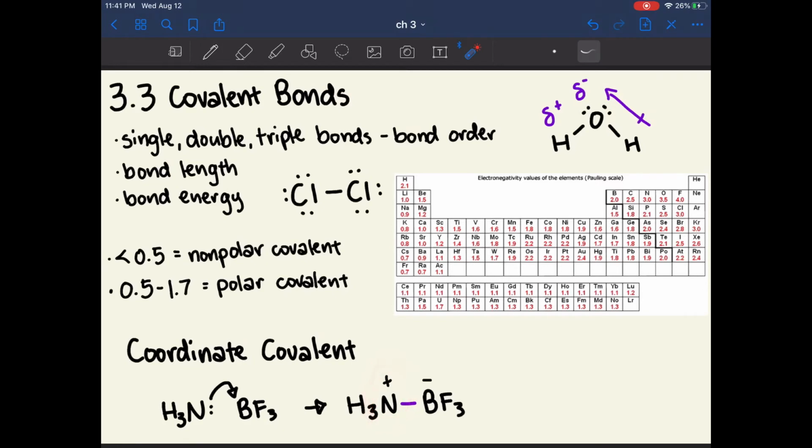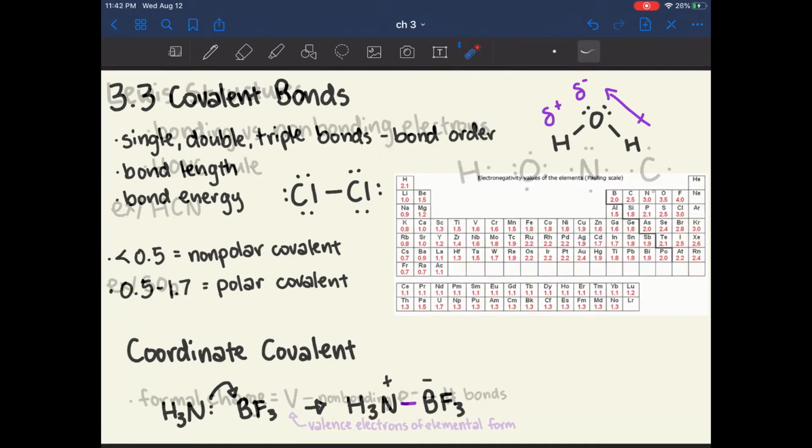And nitrogen, because of some properties that will be talked about later in the series, likes to form coordinate covalent bonds, and nitrogen is quite happy with a positive charge. And so when you see a bond between nitrogen and something else, a lot of the times it will be a coordinate covalent bond, especially when nitrogen is positive.